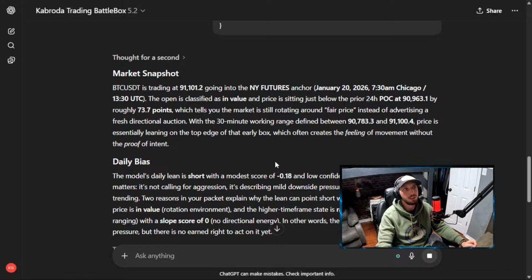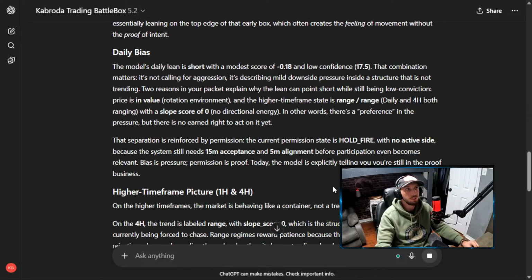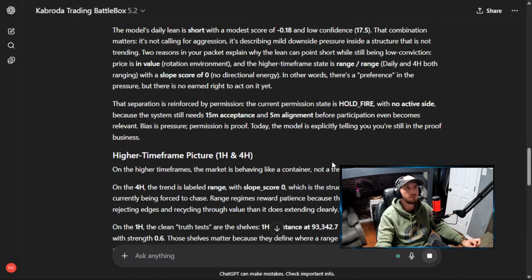With the 30-minute working range defined between 90,700 and 91,100, price is essentially leaning on the top edge of that early box, which often creates the feeling of movement without proof of intent. So today we're leaning short with a modest score of negative 18 and low confidence at 17.5. That combination matters. It's not calling for aggression. It's describing mild downside pressure inside a structure that is not trending.